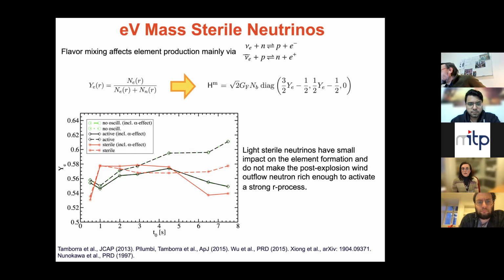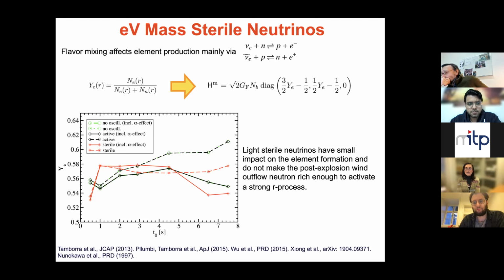Yes. So the sterile neutrinos were traditionally proposed in these very early papers exactly because they would lead to this very strong change in YE if we consider a very simplified kind of modeling of the flavor mixing.